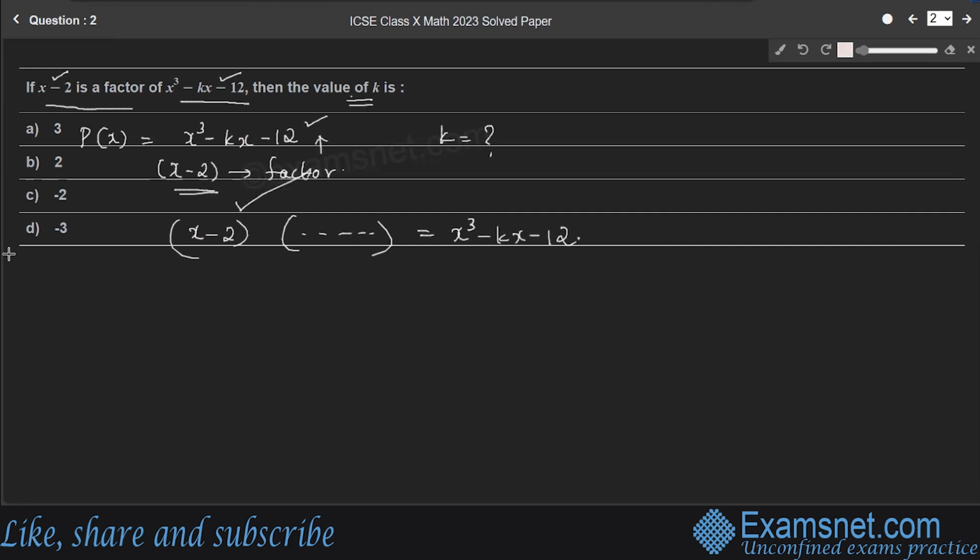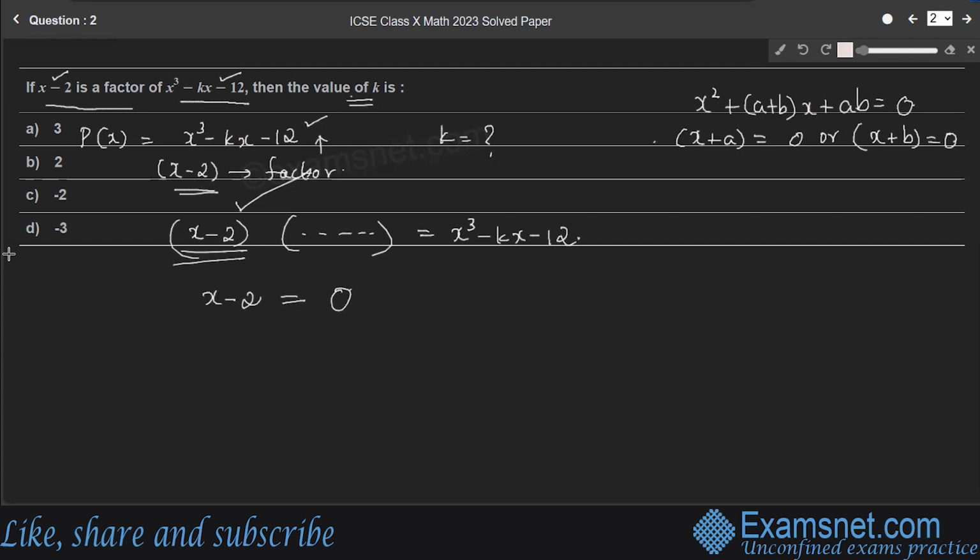Therefore, x minus 2 is always 0. For example, let us consider a quadratic equation, say x square plus a plus b into x plus ab is equal to 0. Here, x plus a and x plus b are factors of the given expression. That means x plus a is equal to 0 or x plus b is equal to 0.